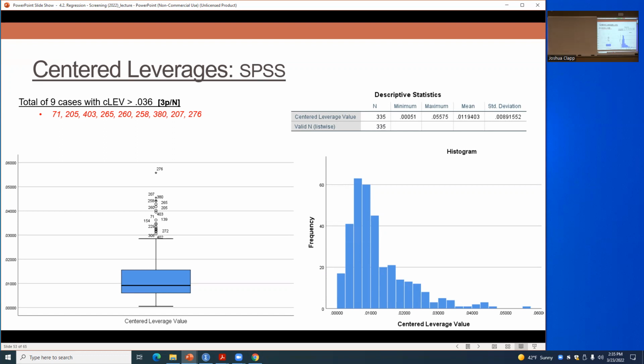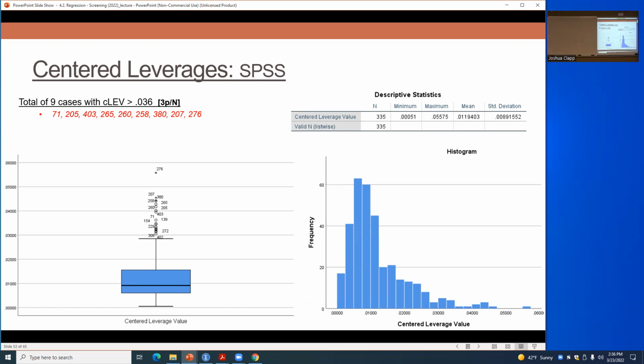If we do this, we get 9 different cases that are exceeding these leverage values. That seems like a lot until I start looking graphically at what's going on. If I'm looking at this graphically, what am I seeing, Katie? That there's a positive skew. And it seems like 276 is really pulling.